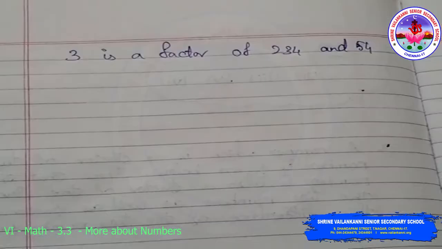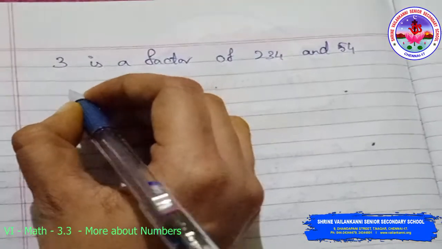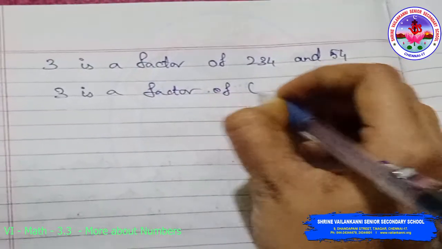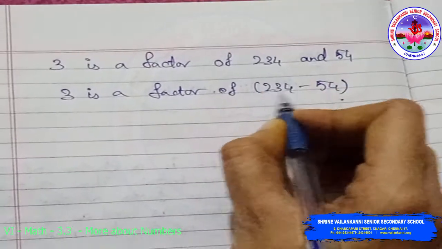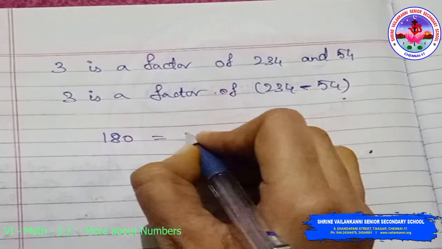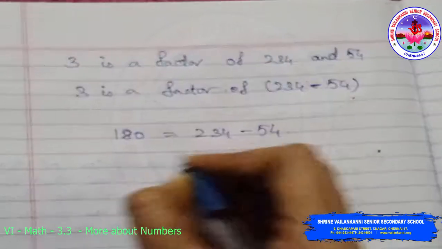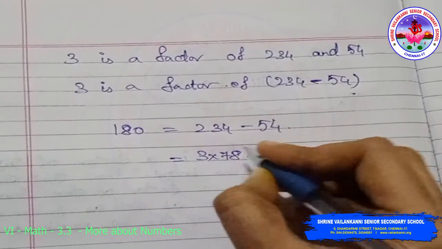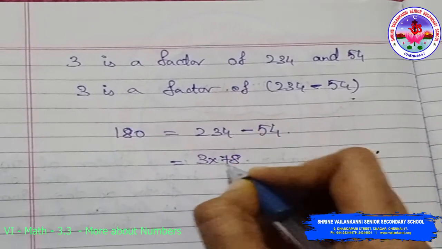Next, finding the difference of two numbers. 3 is a factor of 234 minus 54. 234 minus 54 is 180. 234 divided by 3 is 78, so 3 into 78.